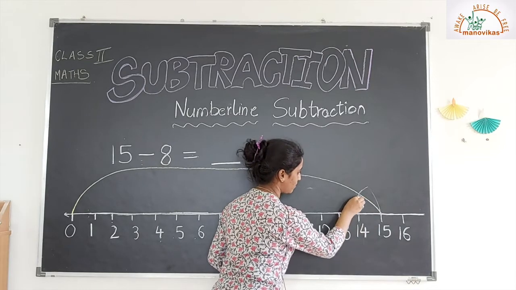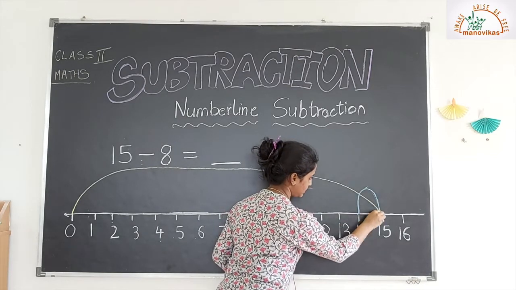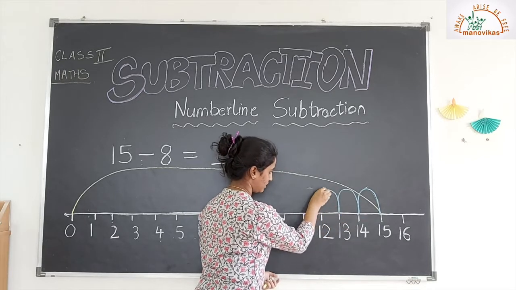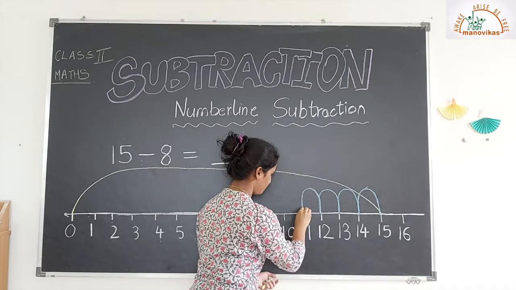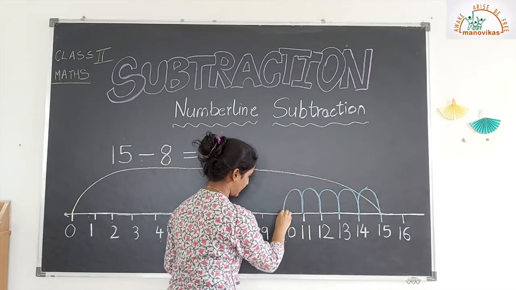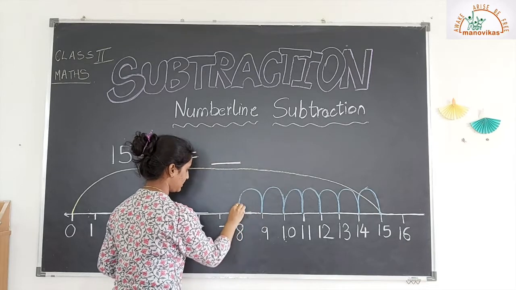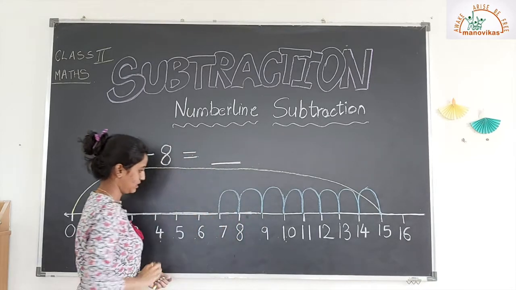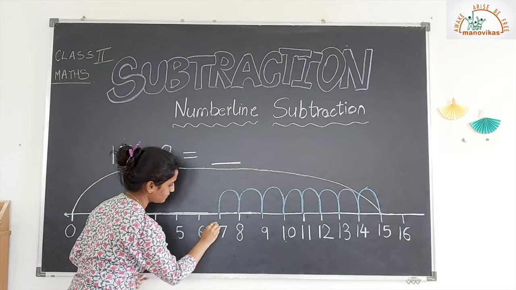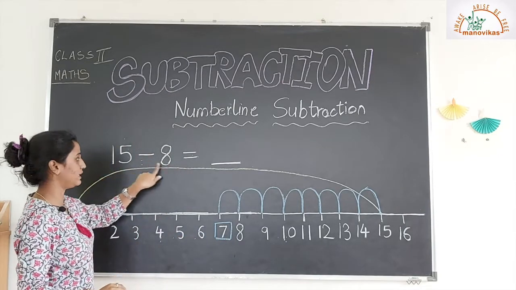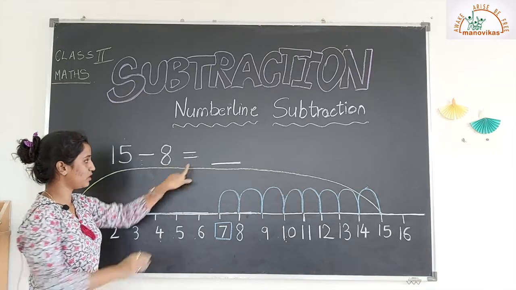So we start 1. Yes, this is 1, 2, 3, 4, 5, 6, 7 and 8. So what is the answer? 7. So 15 minus 8 is equal to 7.